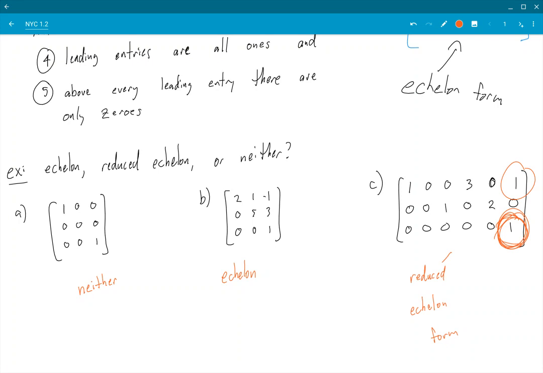So this fails to be reduced echelon form. So my apologies. I messed that one up. So this one is just echelon form. Okay, it passes 1, 2, 3, and 4, but it fails condition 5.